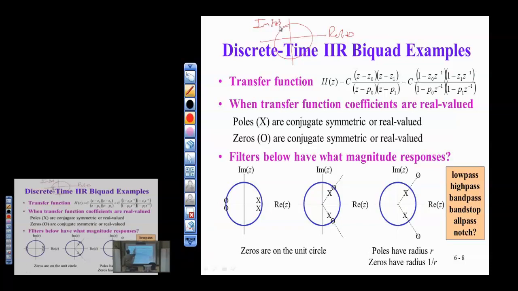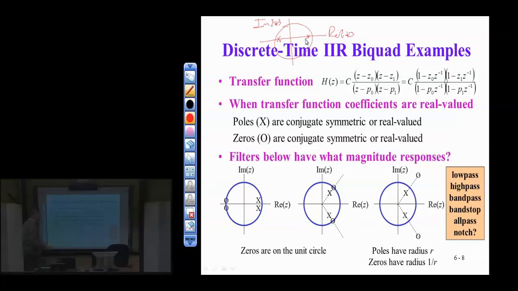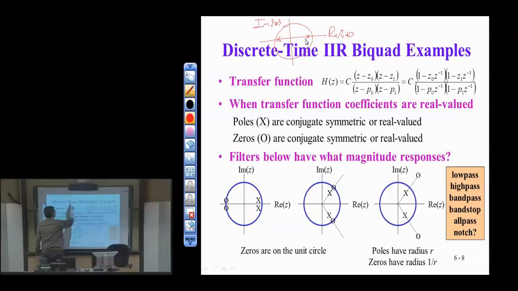I can put my pole locations here, both real valued on the x-axis, and put my zeros up here, pi over 2 and minus pi over 2. Now I have a band stop filter at pi over 2.